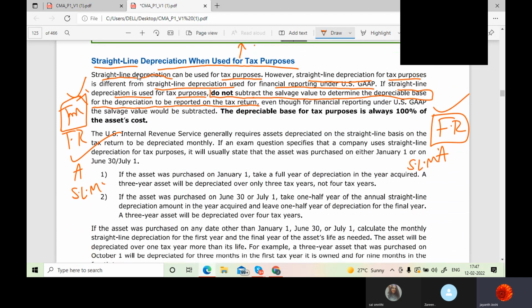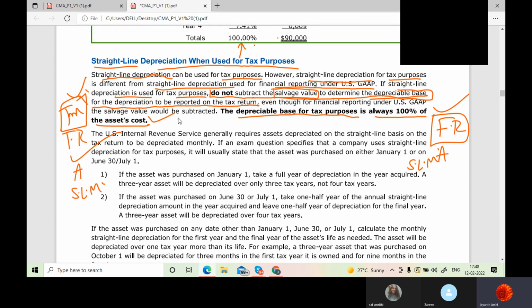But in the case of tax returns, when you file a tax return, you should not subtract the salvage value to determine the depreciable base for depreciation. Why? The depreciable base for tax purpose is always 100% of the asset's cost. That means as per the tax rules, the depreciation whatever you are going to calculate on an asset, the asset value should not be deducted with this scrap or salvage value.